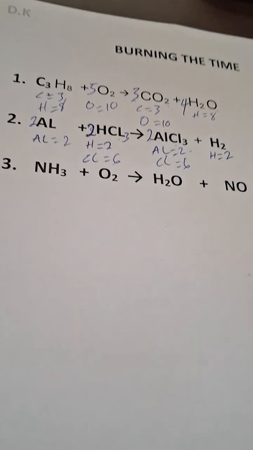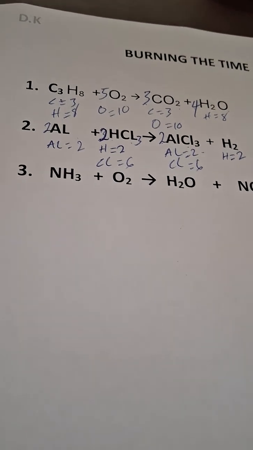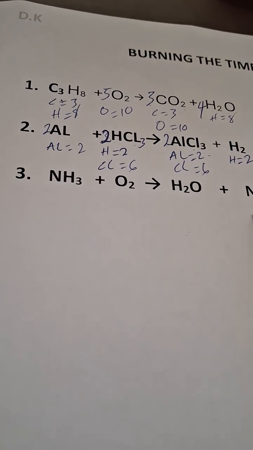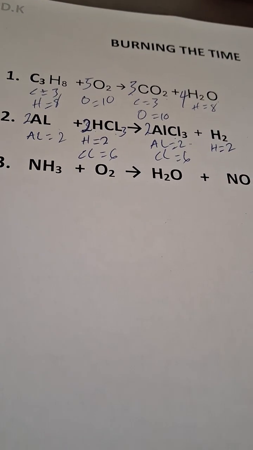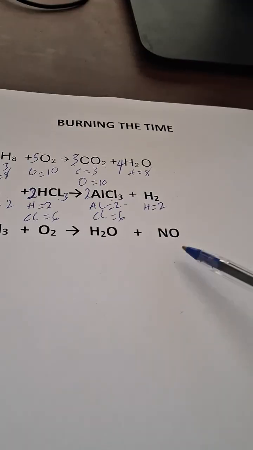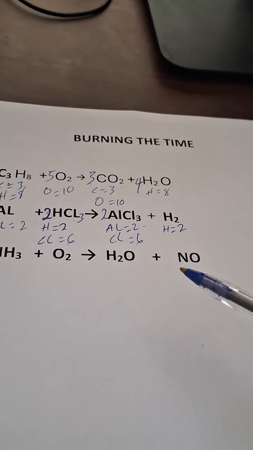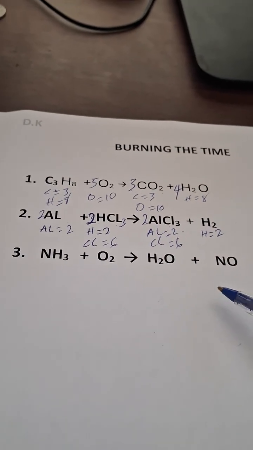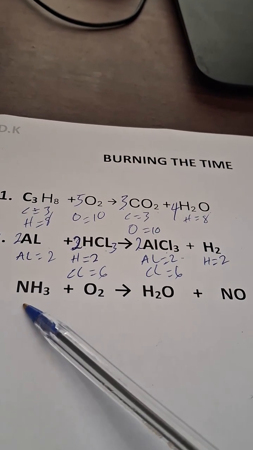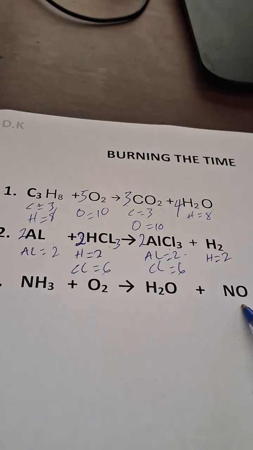So we have ammonia reacting with oxygen to give us water and nitrogen oxide. Now how then do we balance this? So realize that over here nitrogen is 1, on the right side is also 1.